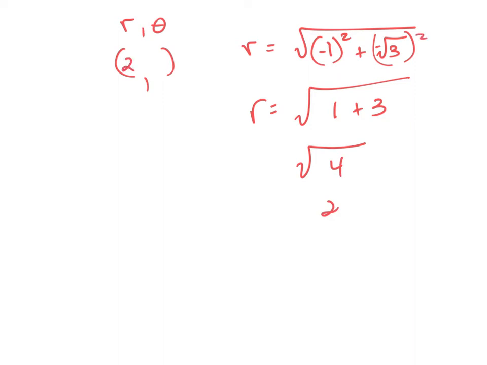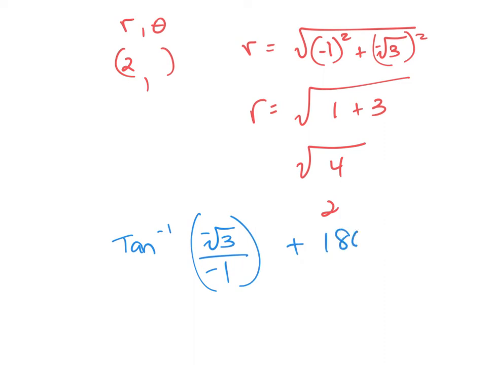To find your theta, what you're going to do is look at the x. There's 2 rules. There's one where x is bigger than 0, which means it's positive, and where x is less than 0, which means it's negative, okay? So this one's less than 0, so you've got to use tan -1 of y over x, and you're going to add 180 degrees to it, okay?